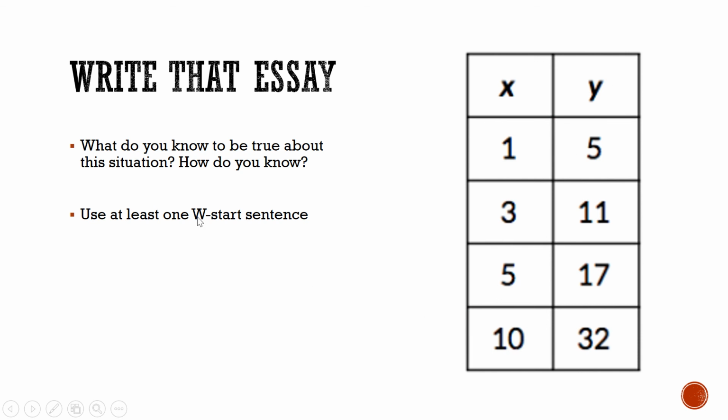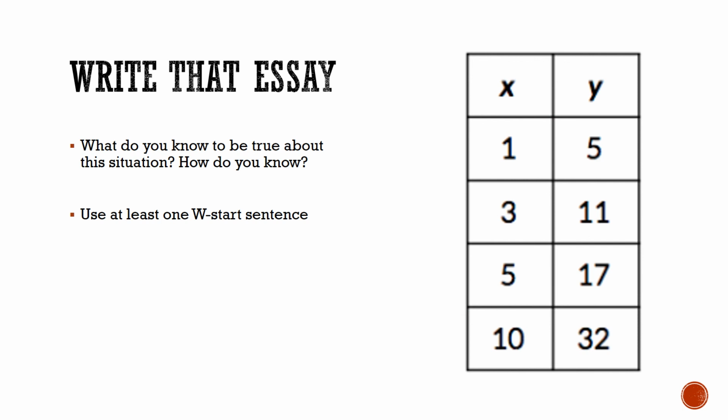I want you to use at least one W start sentence. So that is a sentence that's starting with while, whilst, whereas, words like that. So if you can have a go at that, there's no real word count, no need to do over 150 words. I know some of you wrote an actual essay towards the end of last term, no need for that. So only do about 5 minutes of writing.